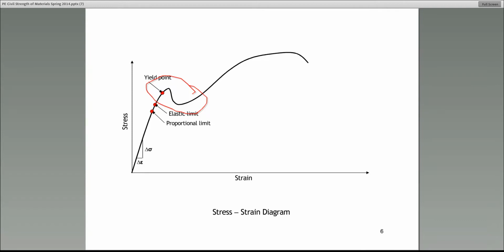However, from a practical point of view, those of you who are structural engineers or material engineers, you know it's very difficult to distinguish between the two points. There are a lot of cases where we take the same value as the elastic limit or the proportional limit. But I got to tell you guys, the exam you're about to take is not a practical exam. It's highly theoretical. So you need to know that there is a difference between the two. I hope that answered your concern, Paul.